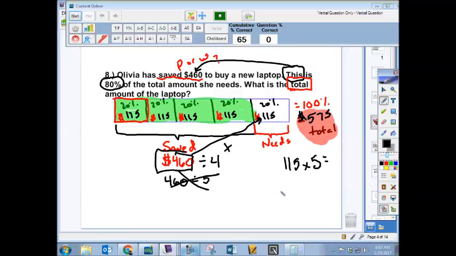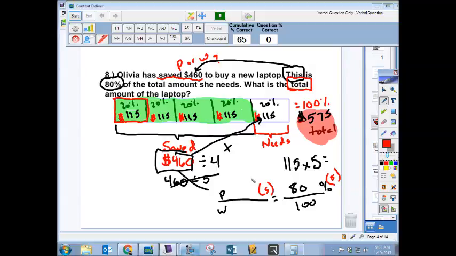Now what's the last step? What should we do, just to make sure we didn't make a mistake? Morgan? We're going to check with a proportion. So we're going to do part over whole equals percent over 100. I know the percent is 80. What is that 80% again? It's the amount that she saved, so this is going to be the actual amount she saved.